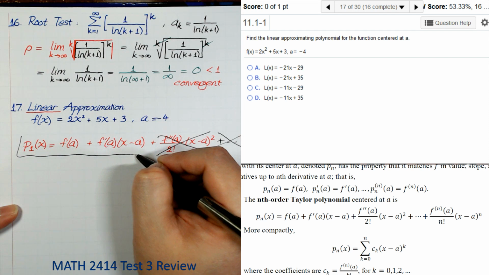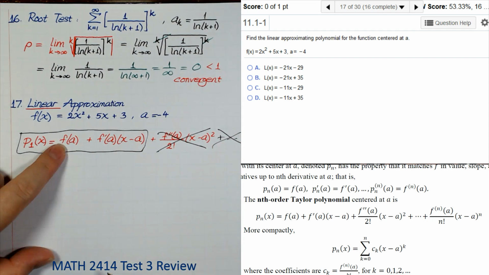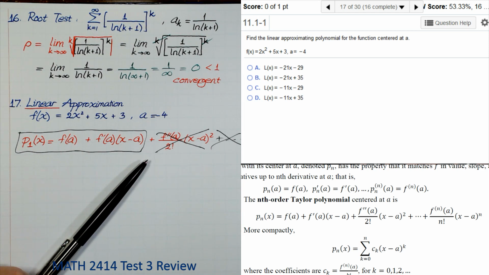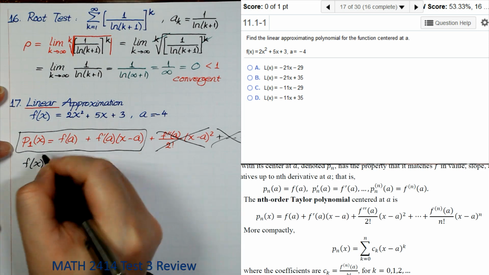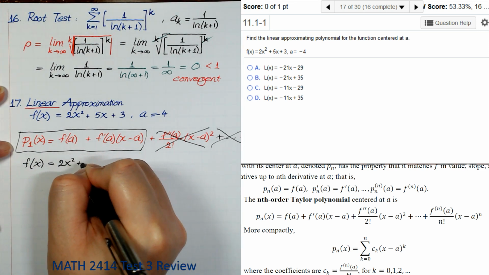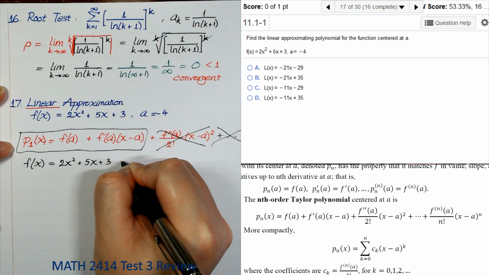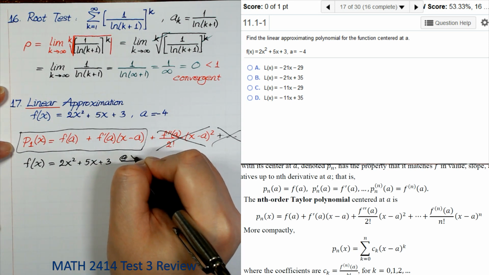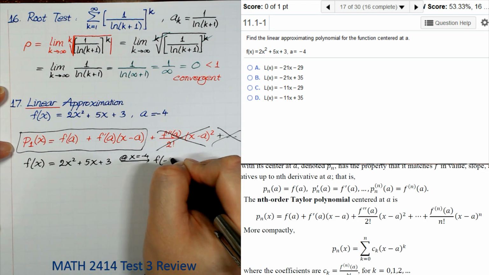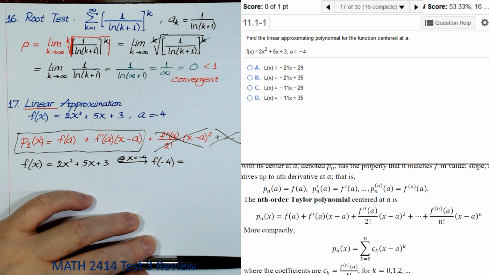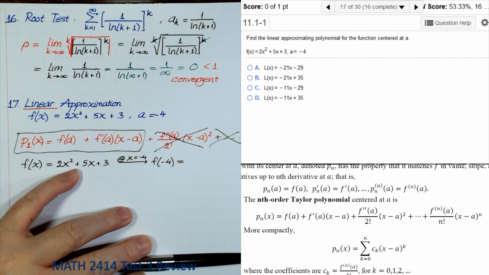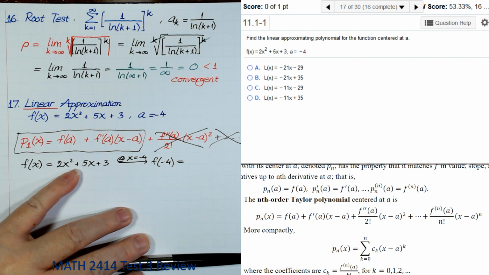So what are the values of the function? Well, that's rather simple. The function equals 2x squared plus 5x plus 3. When x equals -4, f of -4 equals, storing -4 into x, 2x squared plus 5x plus 3, that's 15.